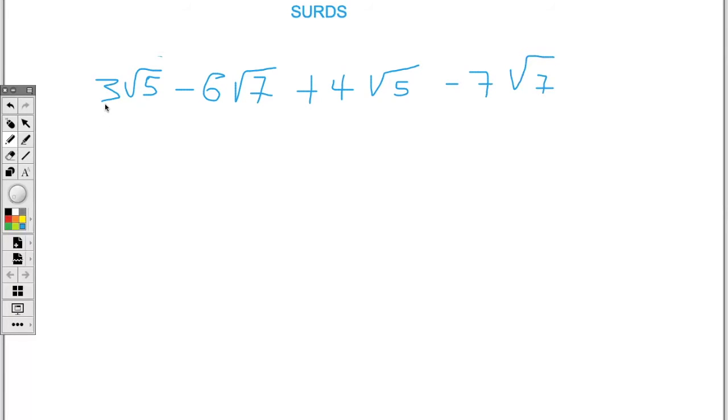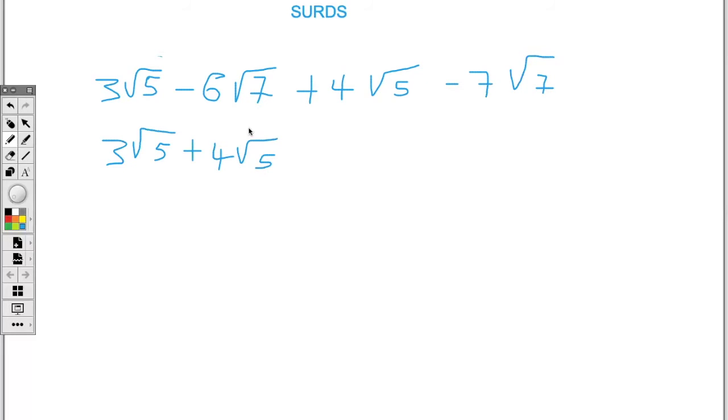Again, you group like terms. So the root 5 and the root 5, we're going to group them together. So we have 3 root 5 plus 4 root 5.